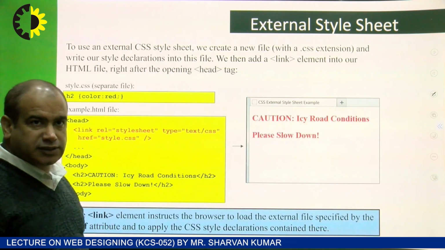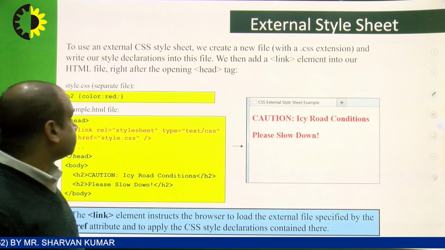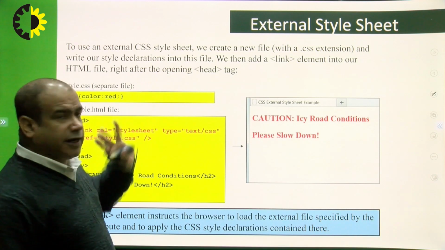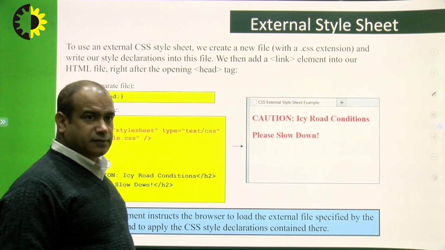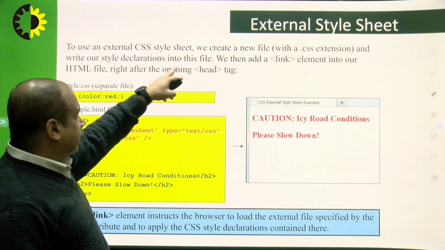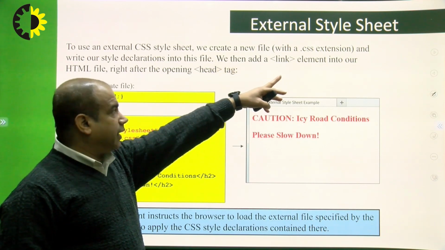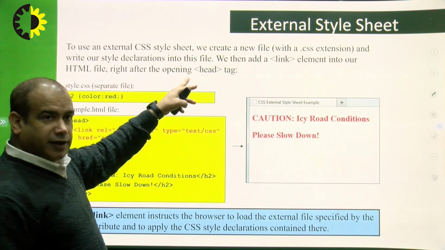If I talk about the third type of style sheet, that is the external style sheet. To use an external style sheet, we create a new file with the extension .css, and write our style declarations into that particular file, and we then add a link element into our HTML file right after the opening of the head tag.